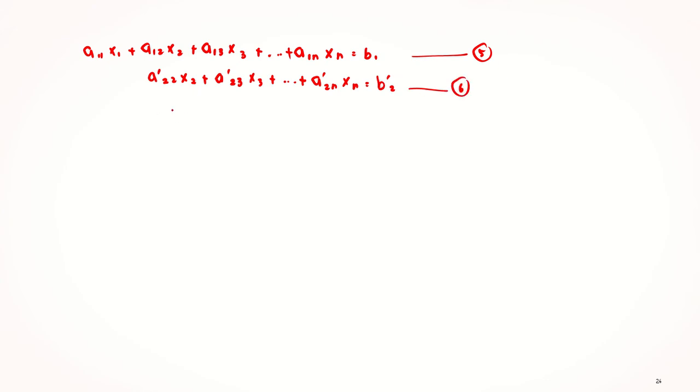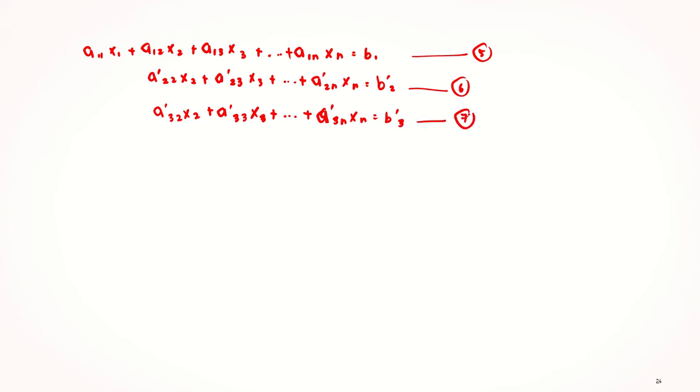Six and a prime 32 x2 plus a prime 33 x3 plus... So this is a prime n x n equals to b prime 3.